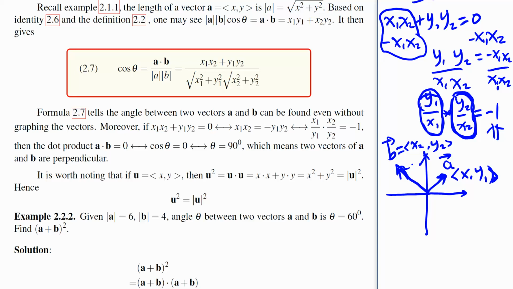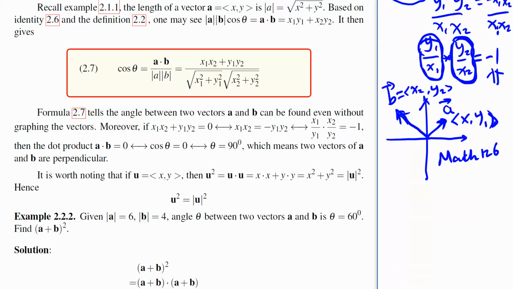That's what we learned in Math 126. Math 126 says that if two slopes have the product which is -1, then two vectors will be perpendicular. So it's actually from here. All right.